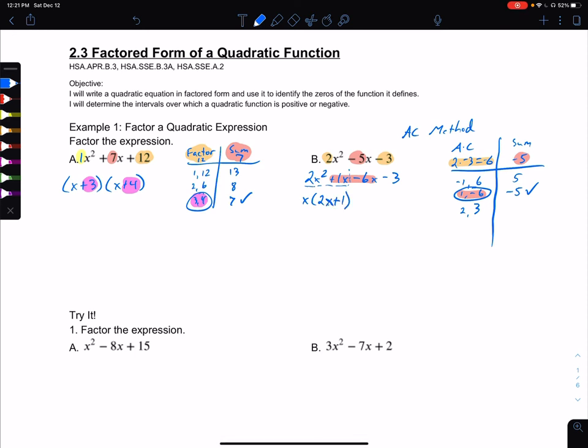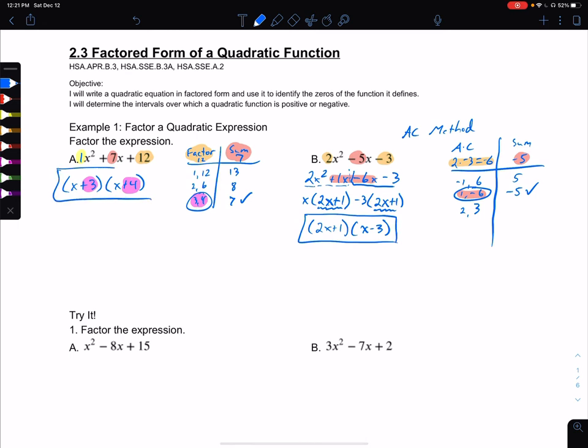And then this second group here, I would factor out a negative 3. So again, I'm left with 2x plus 1. These two pieces should match up, which they do. So I'll rewrite that, and then this would be my factored form.